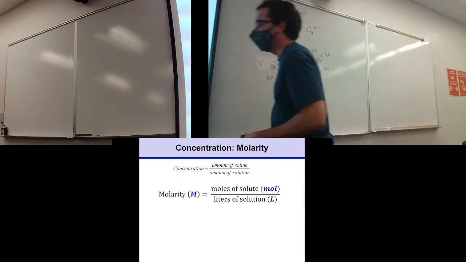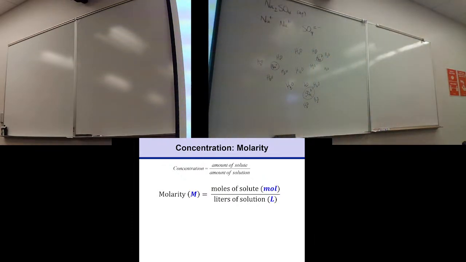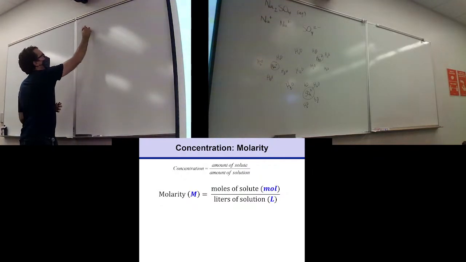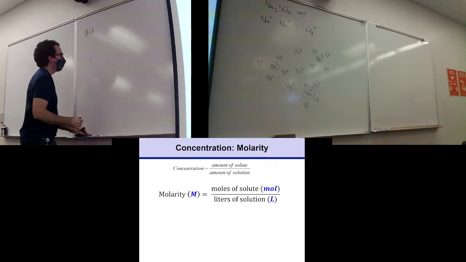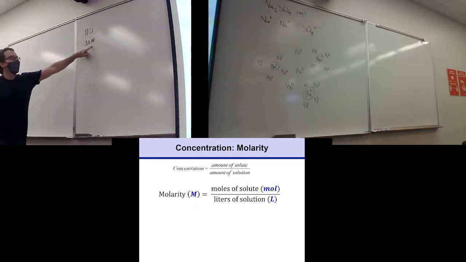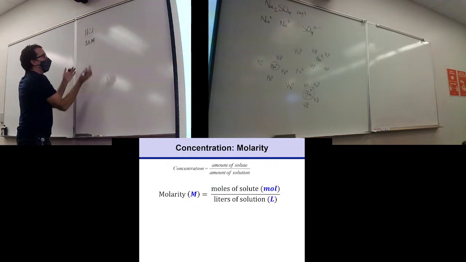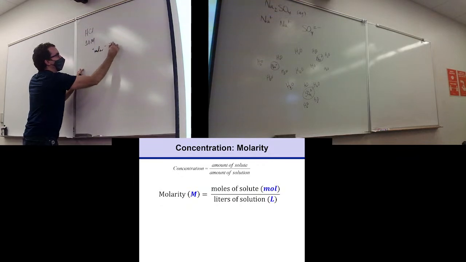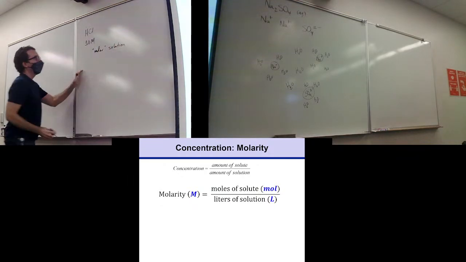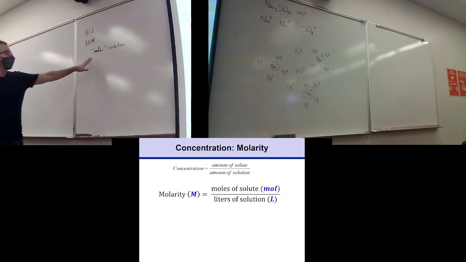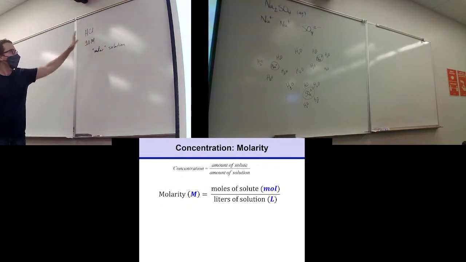So what I like to remind people is they're going to see a solution labeled, you know, for instance, oh, I've got this hydrochloric acid solution, and it might be labeled 3.0 molar, 3.0 M. So first of all, to read this, I would read it as 3 molar solution. The big M means molarity, but the way you read it is a 3 molar solution of HCl.